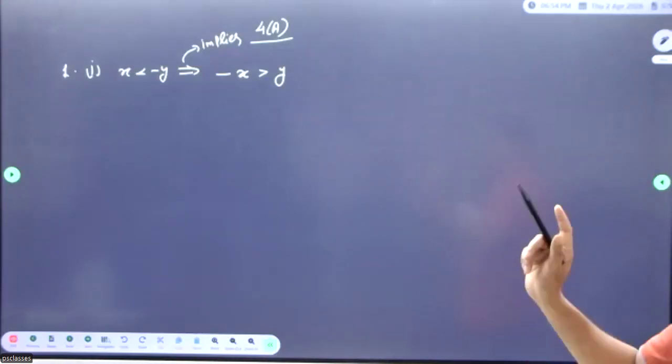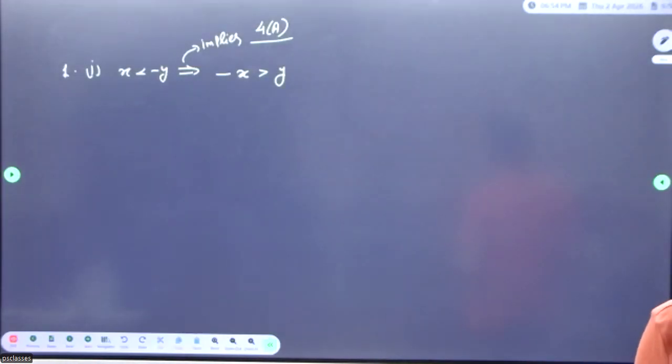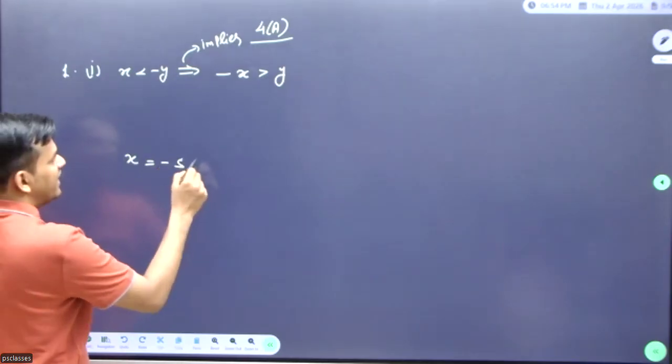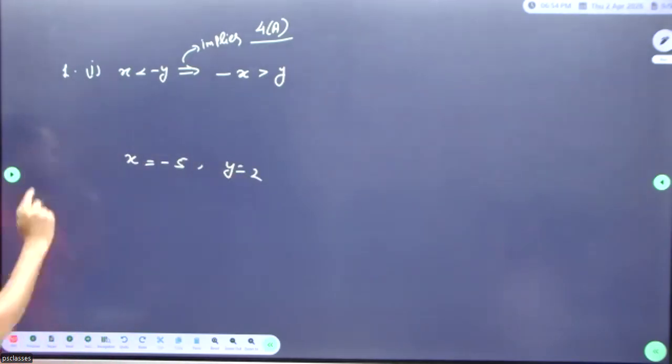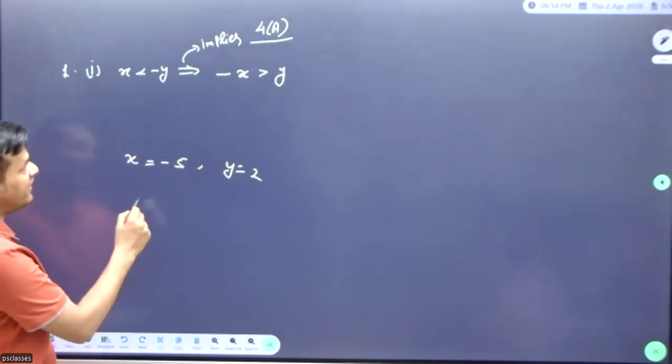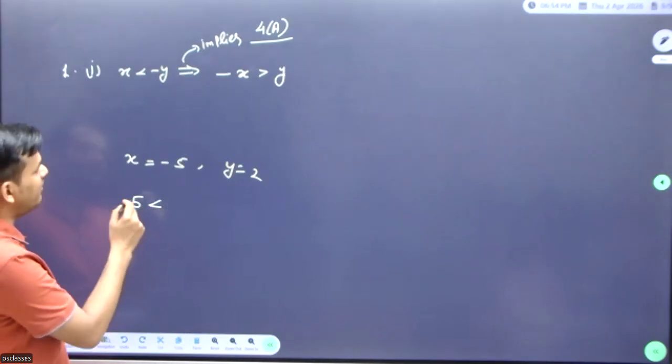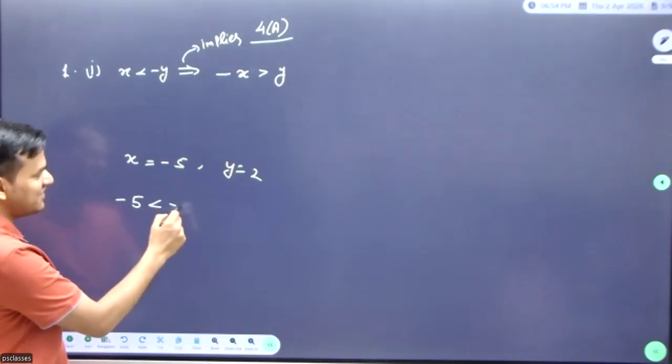In this case, x and y are variables. x can be minus 5, y is equal to 2. Suppose I take x equal to minus 5 and y equal to 2. Then the first statement gives minus 5 is less than minus 2.